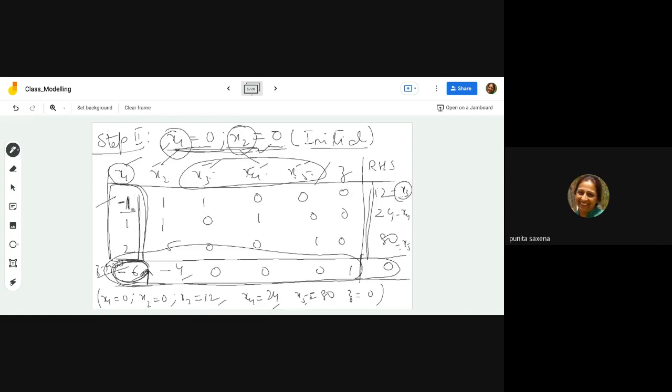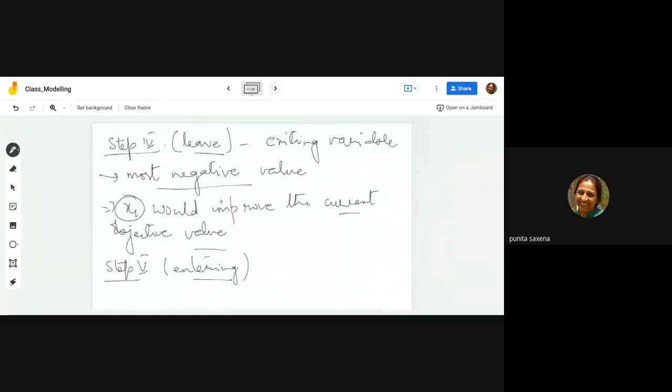We just compute the ratios: 24 upon 1, then 80 upon 2. Corresponding to x4, it's 24 upon 1, and corresponding to x5, it's 80 upon 2, which is 40.